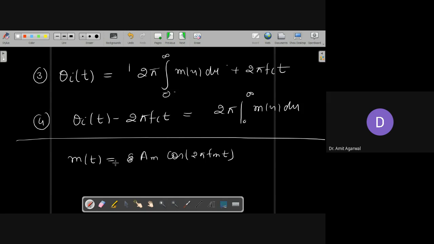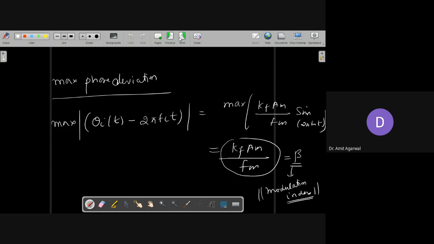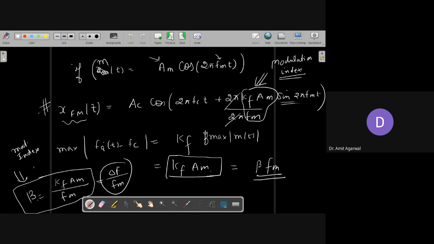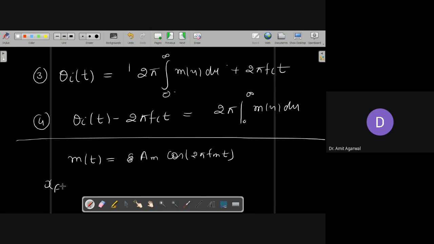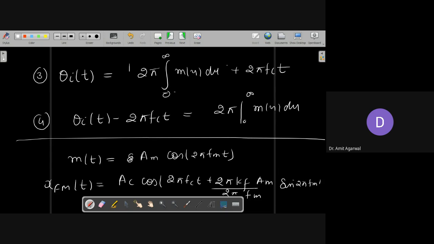For the sinusoidal signal, we define what is the structure of the FM signal. Just use this formula: Ac cos 2 pi fc t plus 2 pi kf times the integral of this, which is nothing but 2 pi fm Am sine of 2 pi fm t.